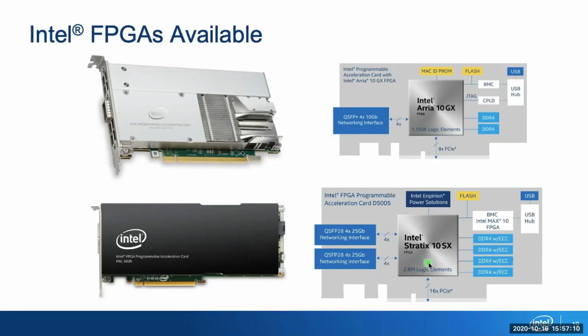Stratix is a high-end, high-performance device with almost 3 million logic elements. The communication with the host is also different. And here we have memories external to the chip and the board, and they are used as the device memory.